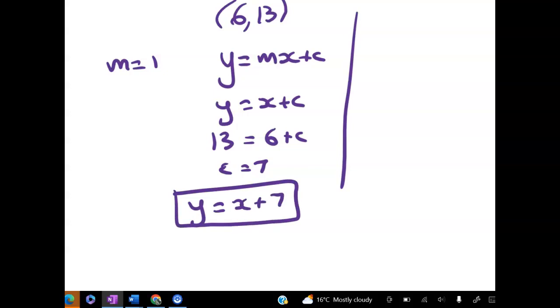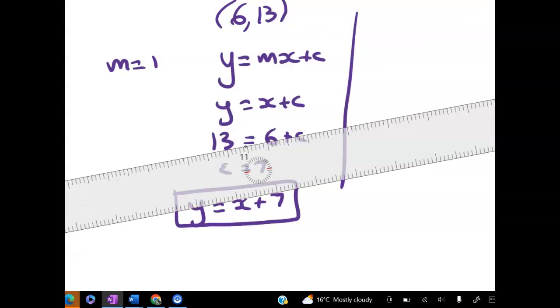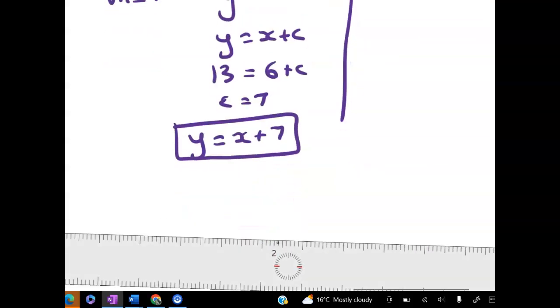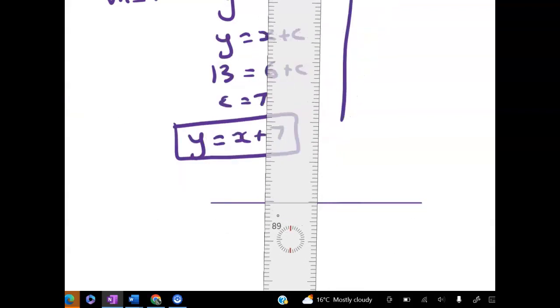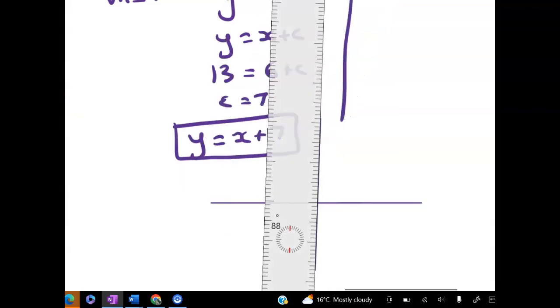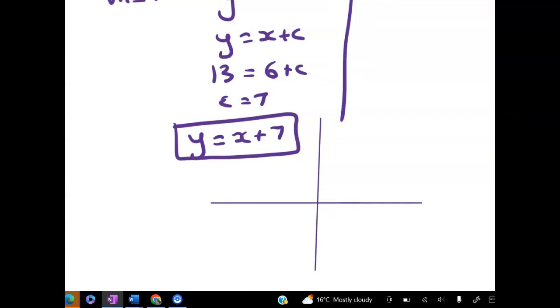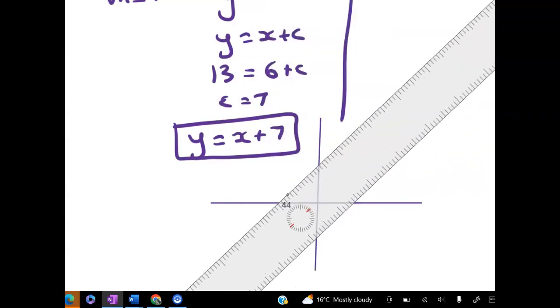Okay, so from here, it's pretty easy. I can either use my original graph, or I can just do a little sketch here. Just make my pen a wee bit thinner. I'm doing this slowly because I really want all of you doing nice sketches to help you solve problems like this.